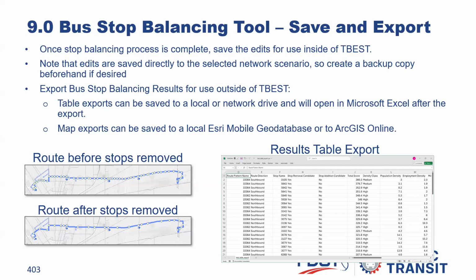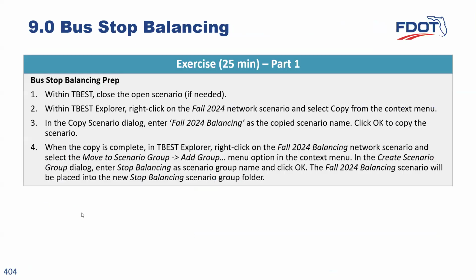We score them relative to those in the weighted methodology. And then we can remove them in a way that we're not removing productive stops or stops that we don't want to remove based on their amenities, things like that. So that's the idea of this bus stop balancing tool, and then we can run through an exercise on it.